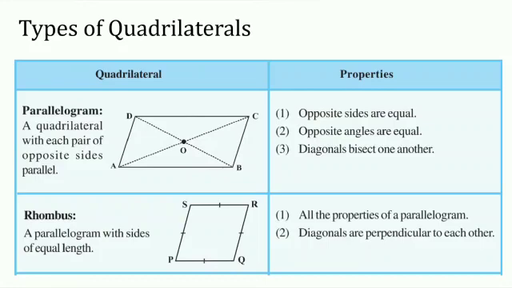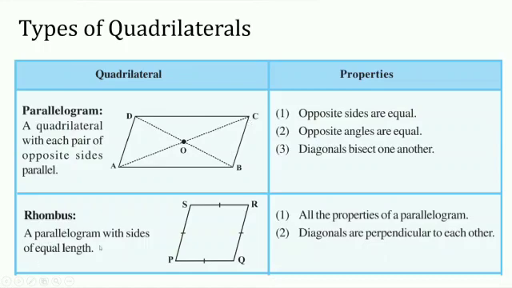So here for the given diagram, parallelogram ABCD, AB is parallel to CD and AD is parallel to BC, as well as the properties: opposite sides are equal. That means AB is equal to CD, AD is equal to BC. Opposite angles are equal. That means angle B is equal to angle D and angle A is equal to angle C.